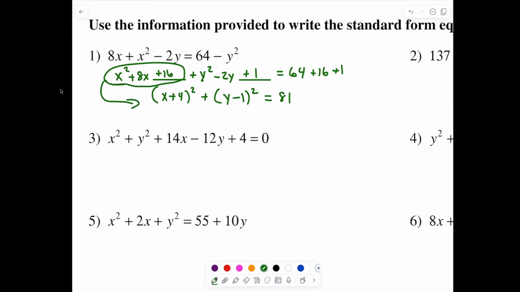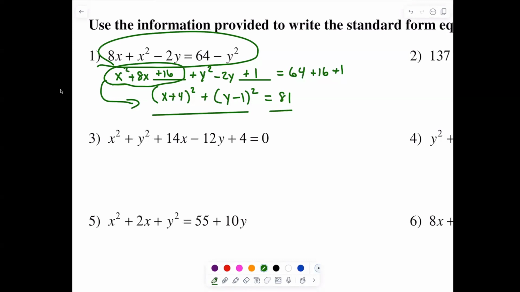Can you look at that and tell me what the center of the circle is? No, you cannot. That's why we're doing this, because we're trying to figure out the center and the radius. To do that, you are completing the square. That's the technique we're using.